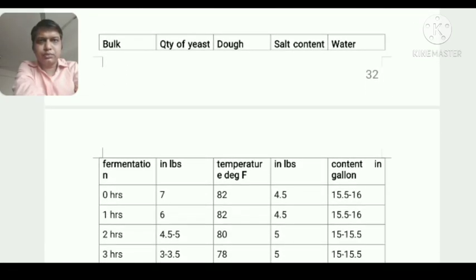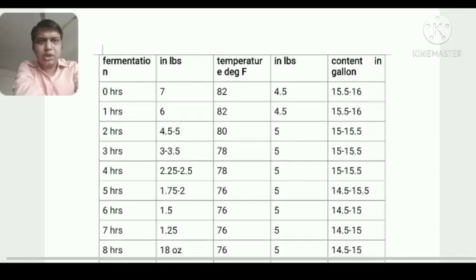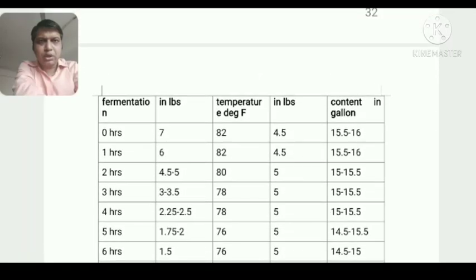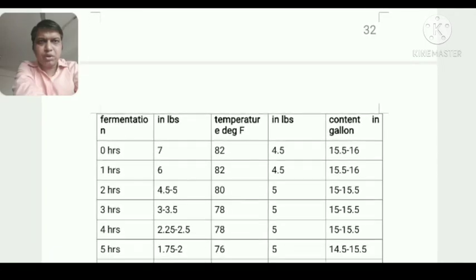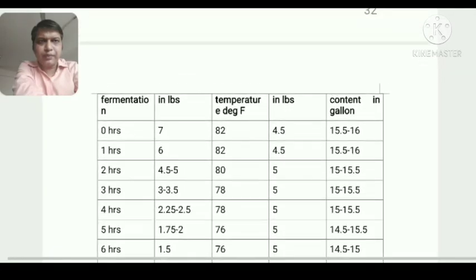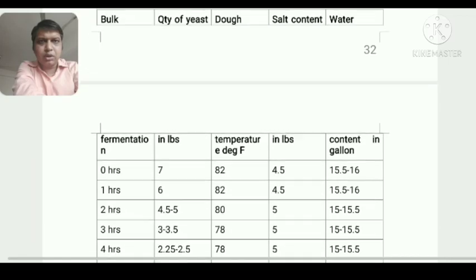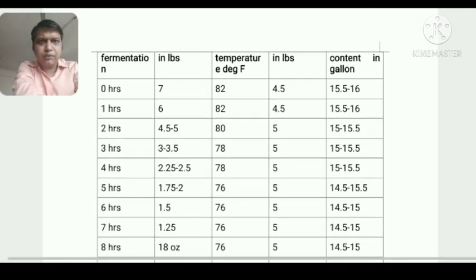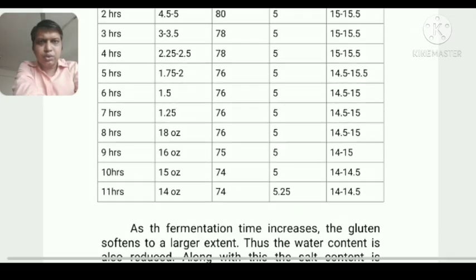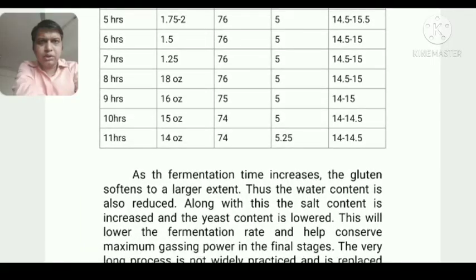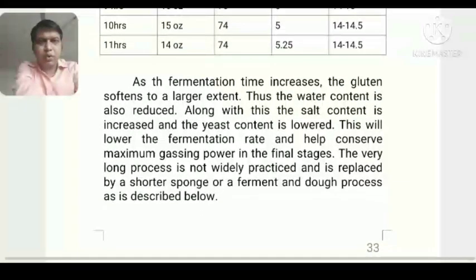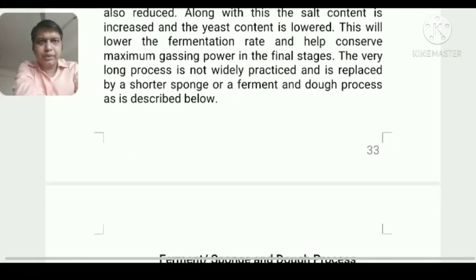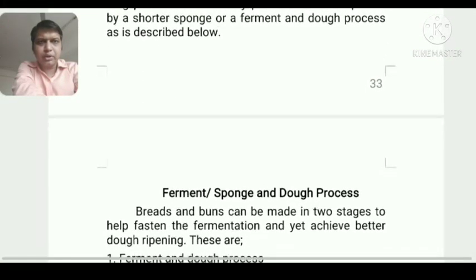This chart shows how much yeast we need, what temperature, and what salt content we need to get a perfect dough, along with the time we require for fermentation. So depending upon the flour, yeast, and water we use, we get a perfect dough according to our requirement.